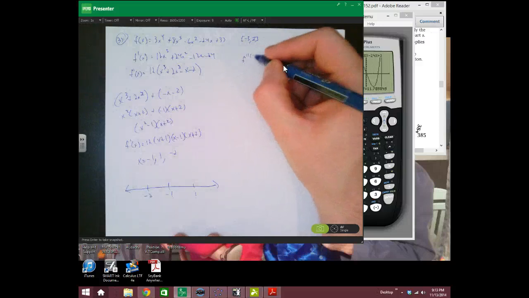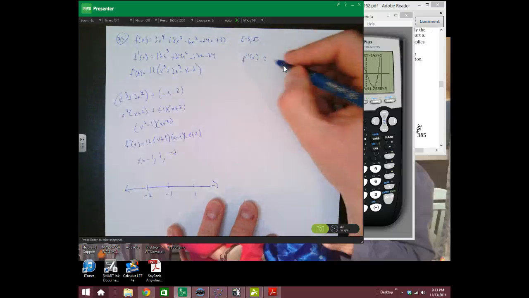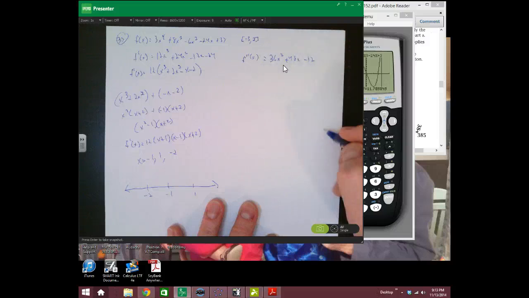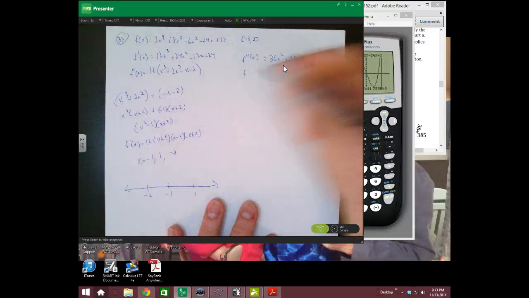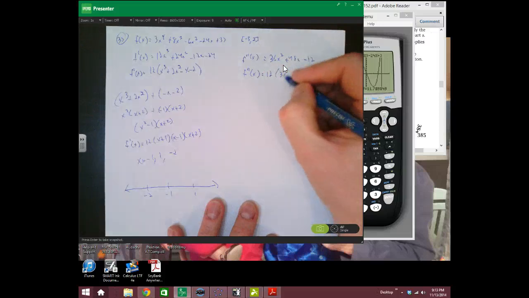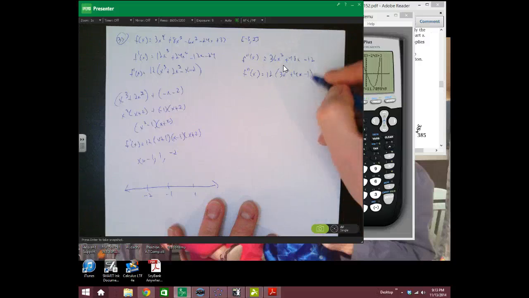F double prime of x is, let's see here, 36x squared plus 48x minus 12. To try to make this a little easier to do, you can take out a 12. That gets you 3x squared plus 4x minus 1.